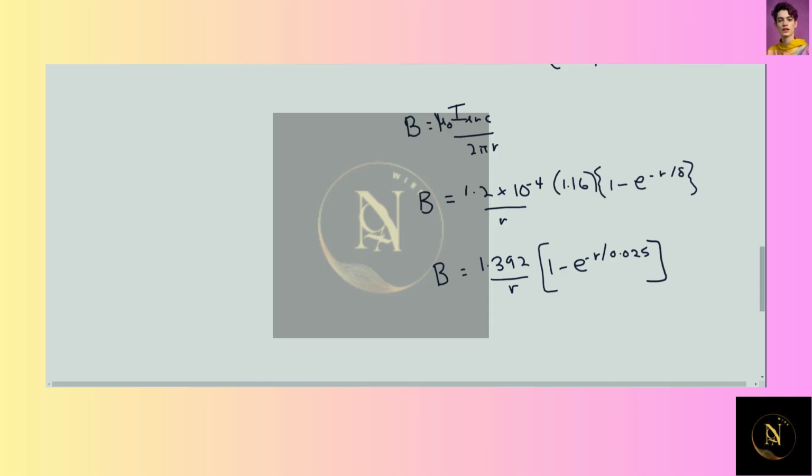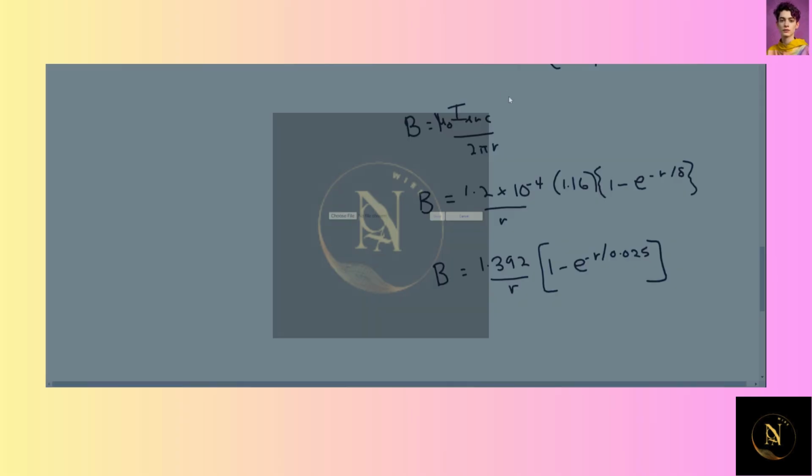Okay, and so what does this look like, this magnetic field? I will drag up an Excel plot just to show you what it looks like. It is finite at the origin. One can take the limit of that magnetic field as r approaches 0, and it has a nice finite value.